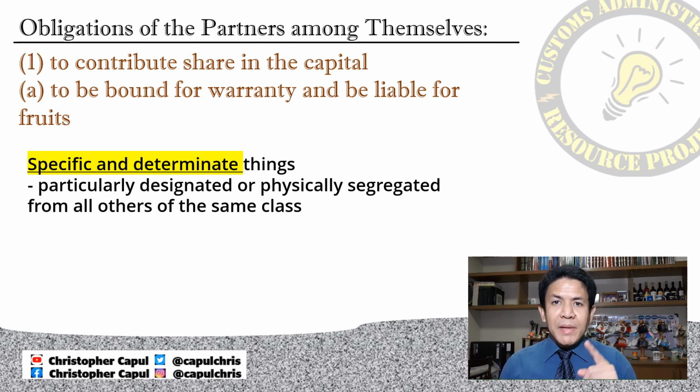Meaning to say you can pinpoint that particular thing with specificity or particularity. You can determine which one you are talking about, which one you are referring to. The thing has become specific and determinate in that regard.